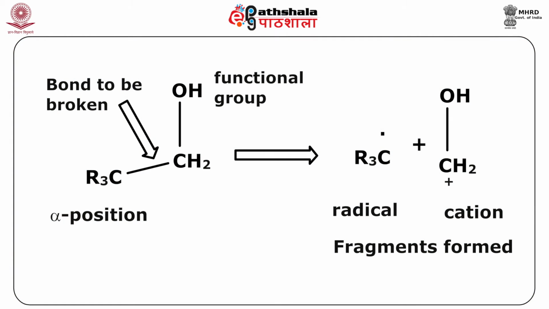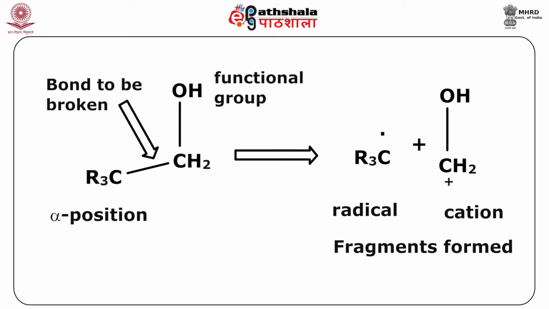In alcohols, alpha cleavage will occur with the fission of the bond next to the functional group, that is next to the hydroxyl group. As you can see here, we have shown you what is the alpha cleavage.